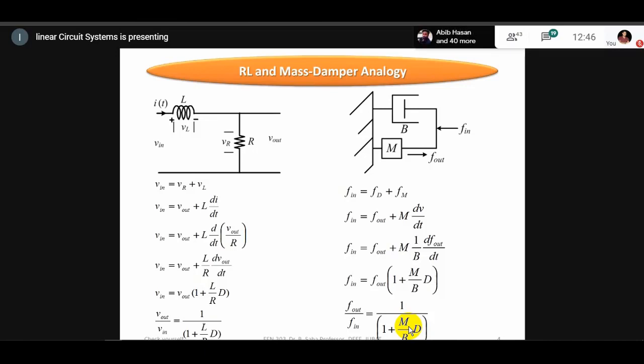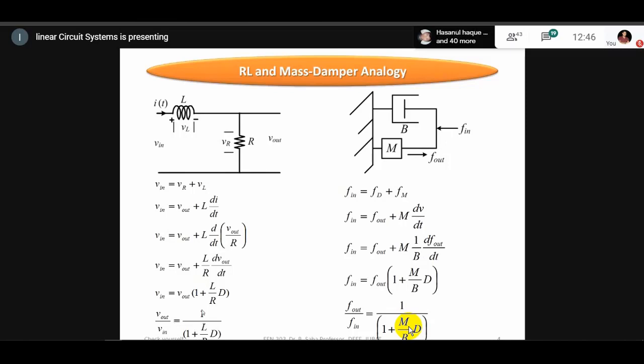Now we are moving to the right side part, that is the mass damper analogue. Since it is a parallel combination of mass and viscous damper, we have followed a similar way. If you compare with the transfer function, you can find a similar relation.